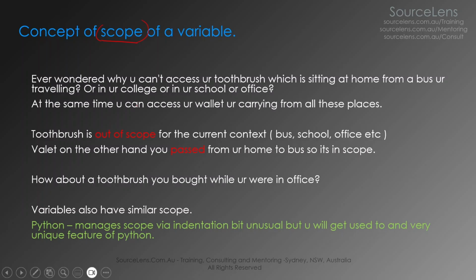We have also seen global variables which are accessible everywhere with the right keyword, which is global, that we have used. Conceptually, this is exactly what we have discussed, almost all the points. It's very similar to certain things in our daily life, and we have seen such examples in the code.